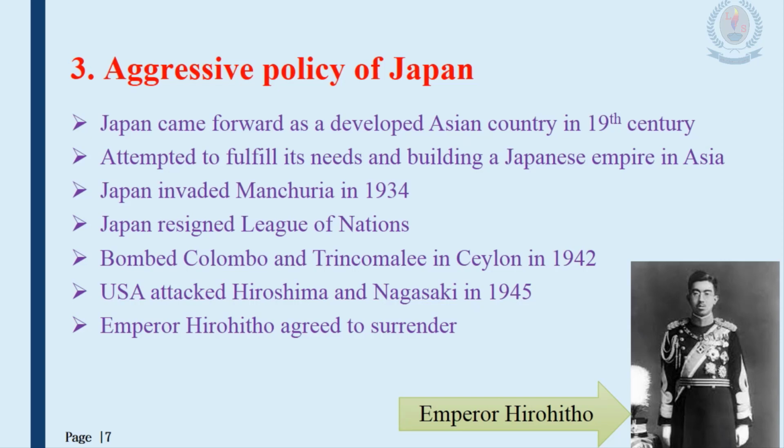Those two cities were destroyed, and still people are suffering because of this atomic bomb. Actually, this is a turning point of world history, because after this incident, nuclear power increased in the world.